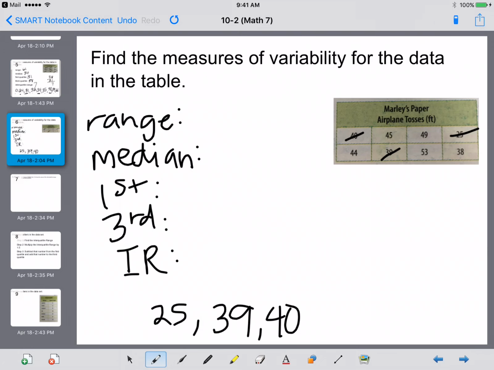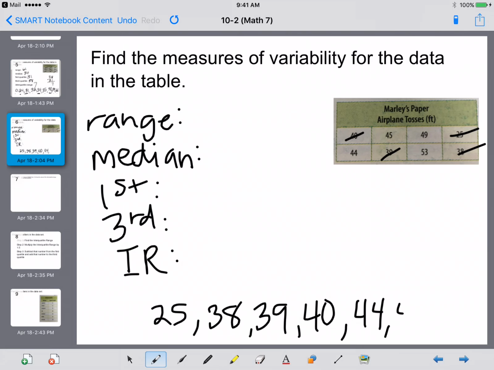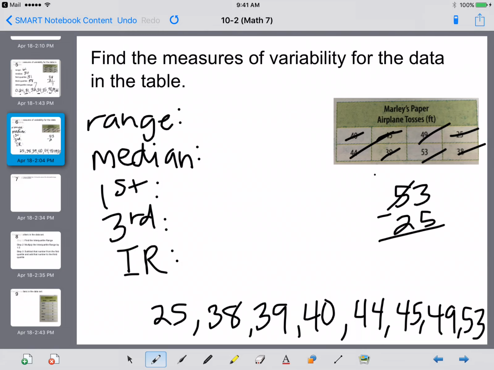And I missed one in there again. 25, 38, 39, 40, 44, 45, 49, 53. Okay, that was harder than it should have been. So first things first, our range is our biggest minus our smallest, so 53 minus 25.